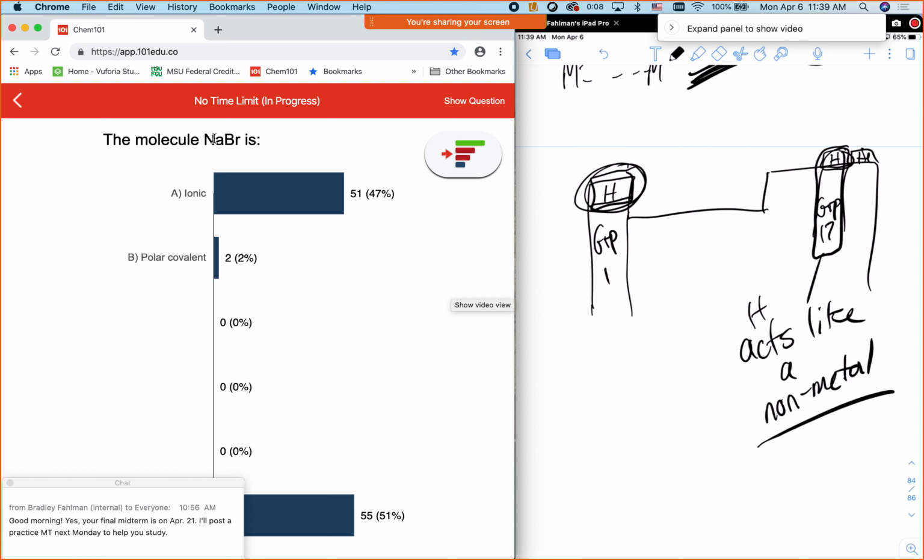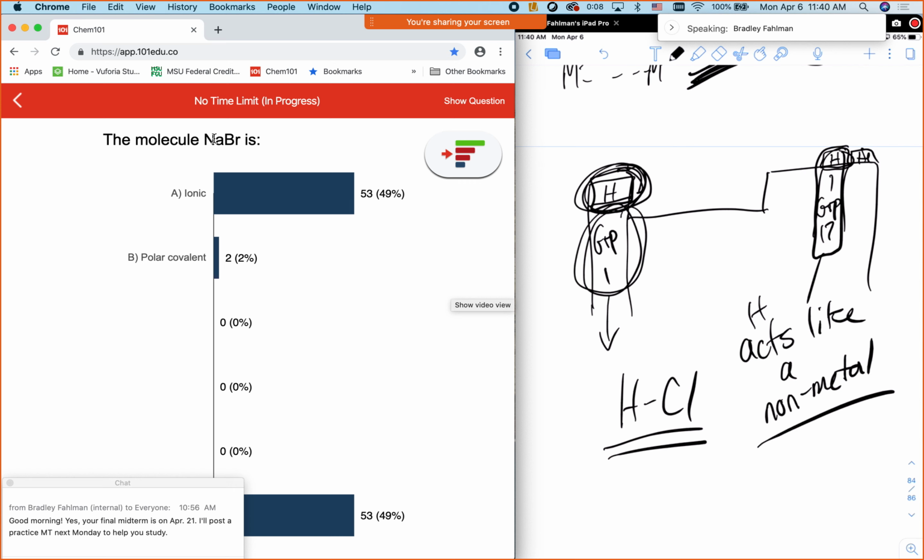In reactivity, how many electrons it likes to lose, etc., it shares the characteristics common to the group 1s, but for bonding, consider it like a group 17. That's why HCl was covalent: that's a nonmetal, that's a nonmetal. In this one, you've got a group 1 metal with a nonmetal, so it's ionic. So A is correct.